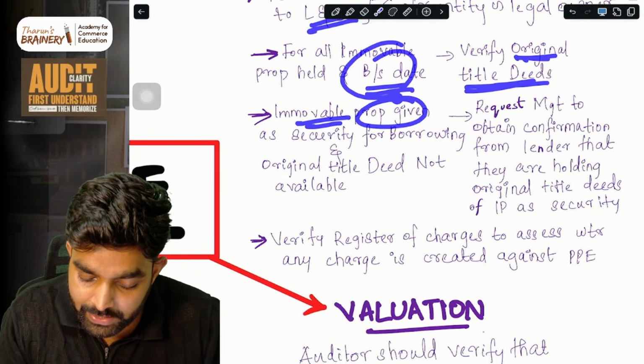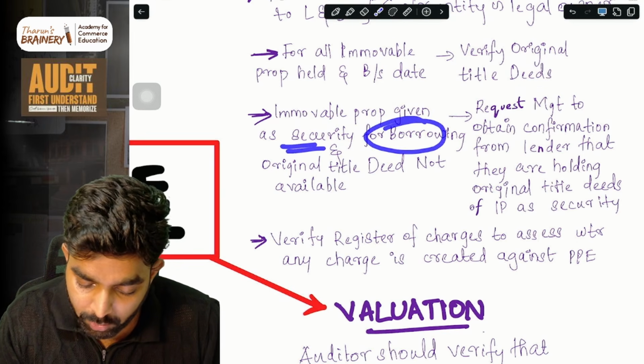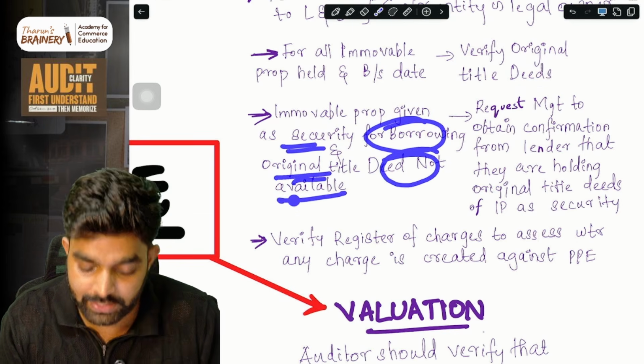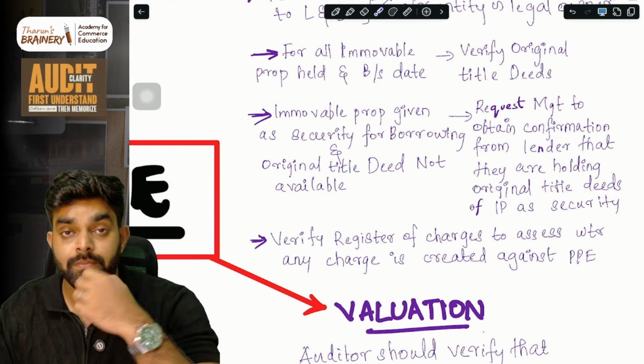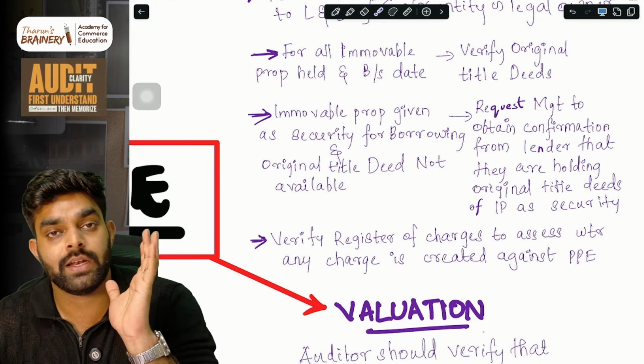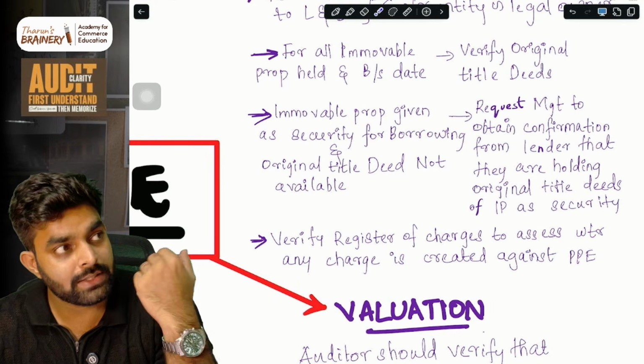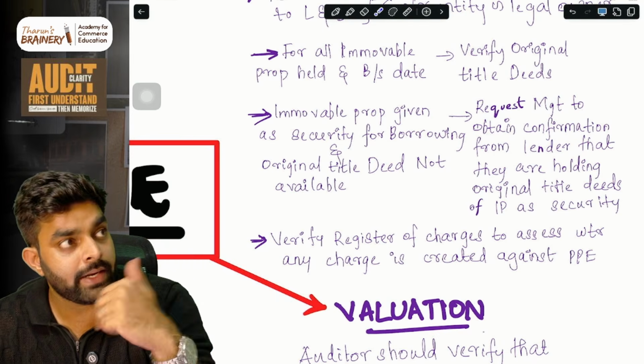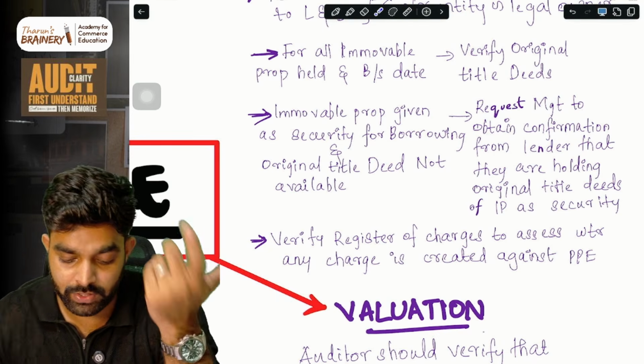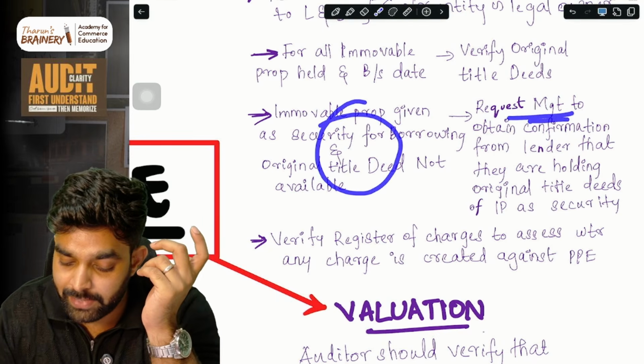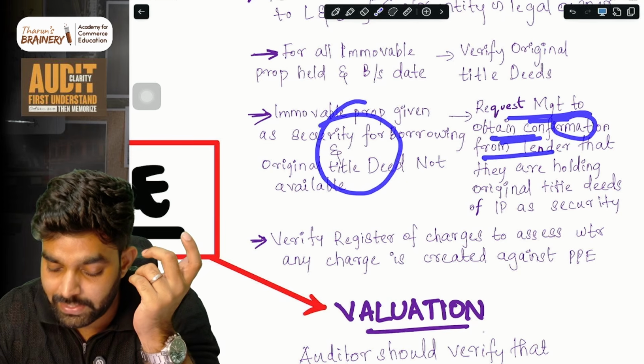Then, immovable property given as security for borrowing, where the original title deed is not available. The company has 10 land and buildings. Out of that, 2 land and buildings the company has given as security to the bank. The title deed is with the bank and the company has taken a loan. So in that case, how will you check? Request the management to obtain a confirmation from the lender.